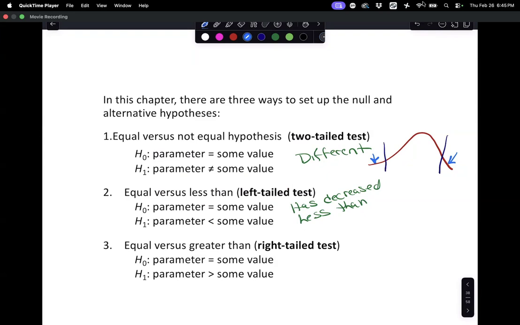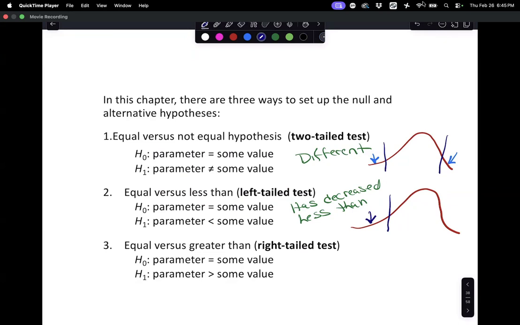So with the left-tailed test, I have my curve, and we're only looking down here. If my sample data ends up in this tail, then we find out that our null hypothesis is not true.